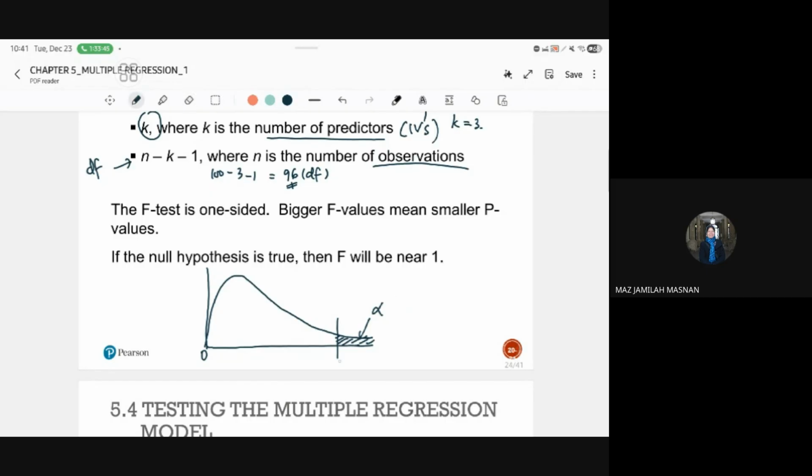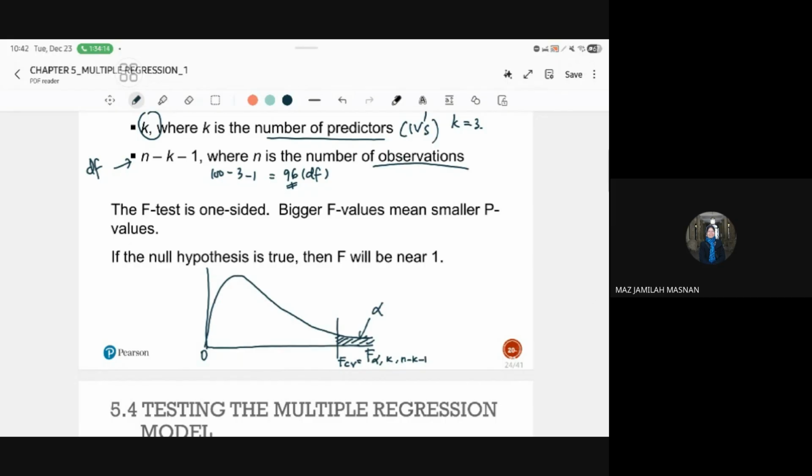This is your FCV, which would be F with K and N minus K minus 1 degrees of freedom. This will be your critical value, and the area beyond it will be alpha. That is what we call the F critical value.